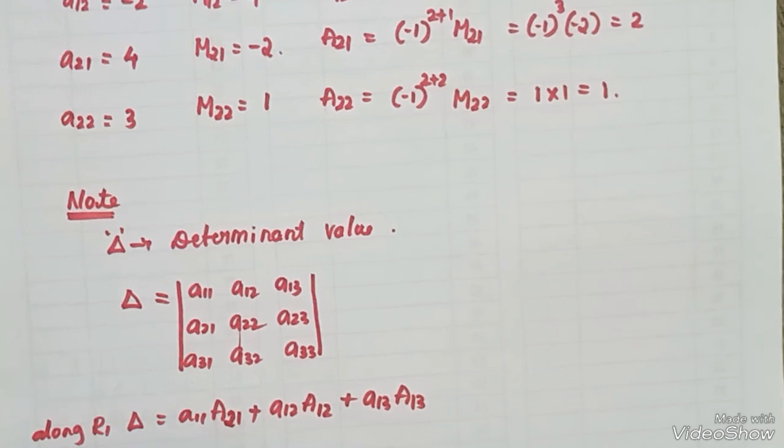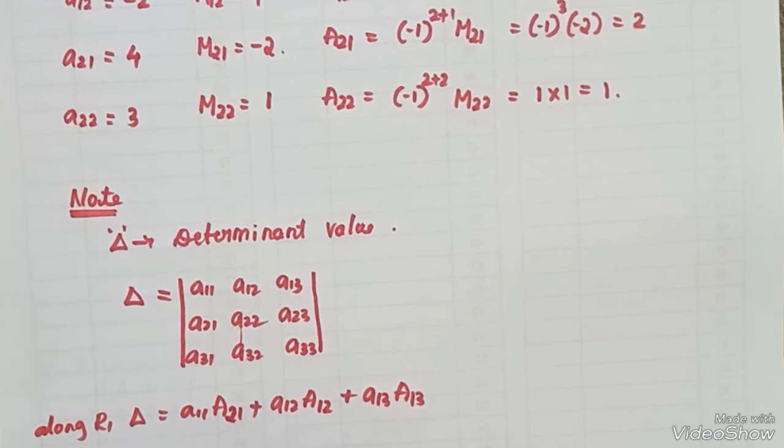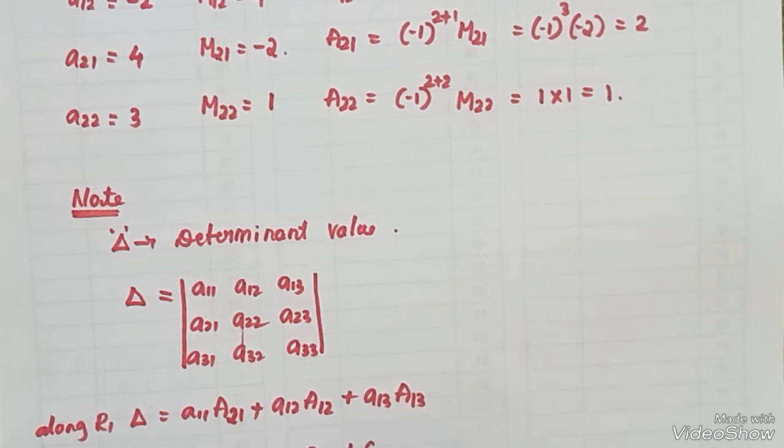It can be written along column 1, that is, delta is equal to A11 times its cofactor A11, plus A21 times the corresponding cofactor A21, plus A31 times its corresponding cofactor A31.